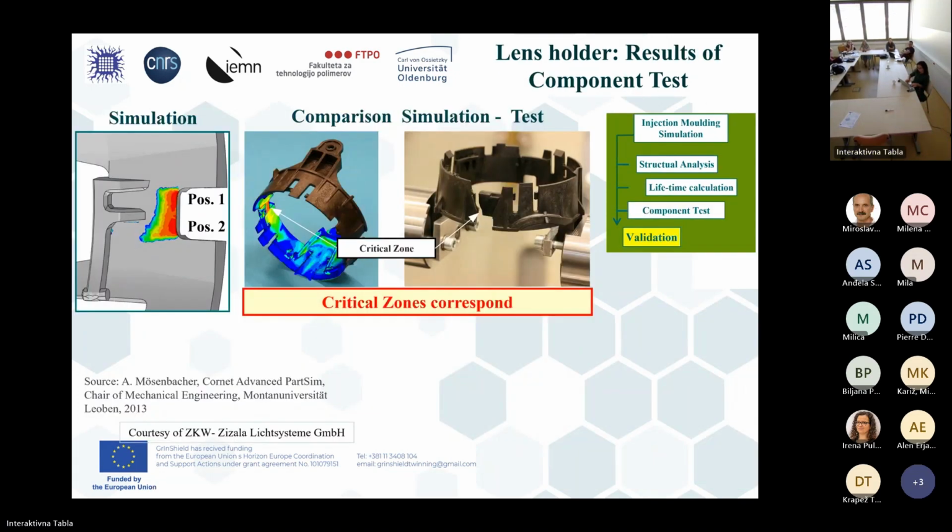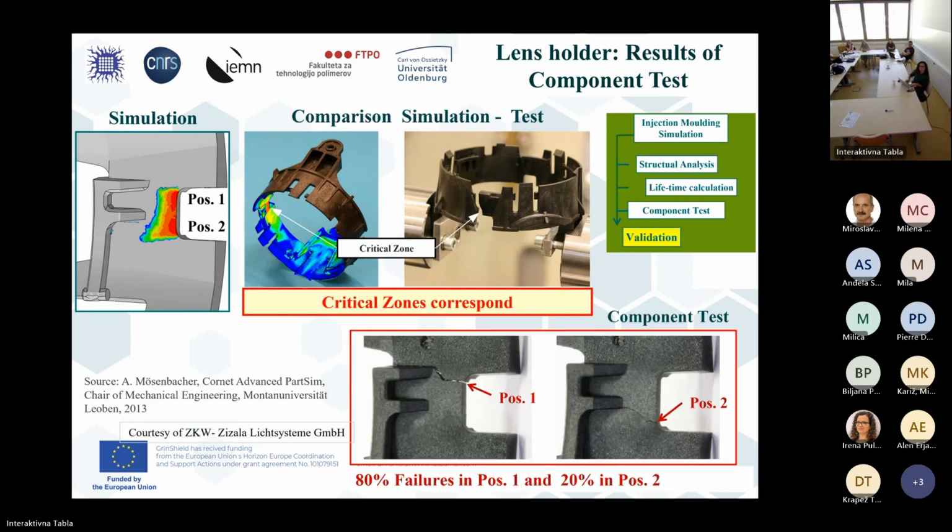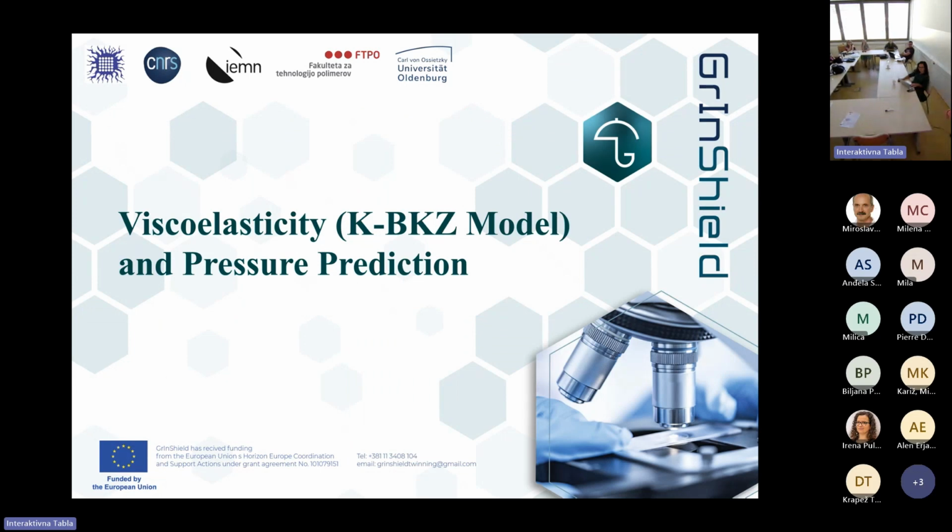And here you have the comparison, simulation and test. And here you see position 1, position 2. You have a break exactly at the point that the simulation said. And that's really a very, very important topic.